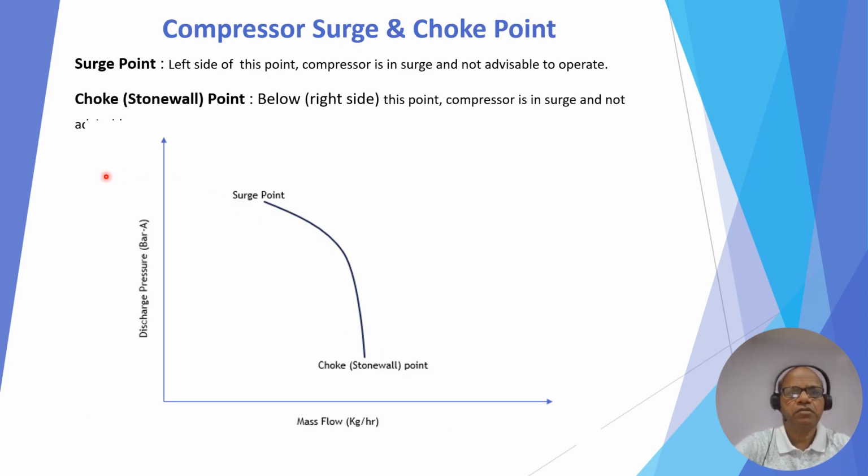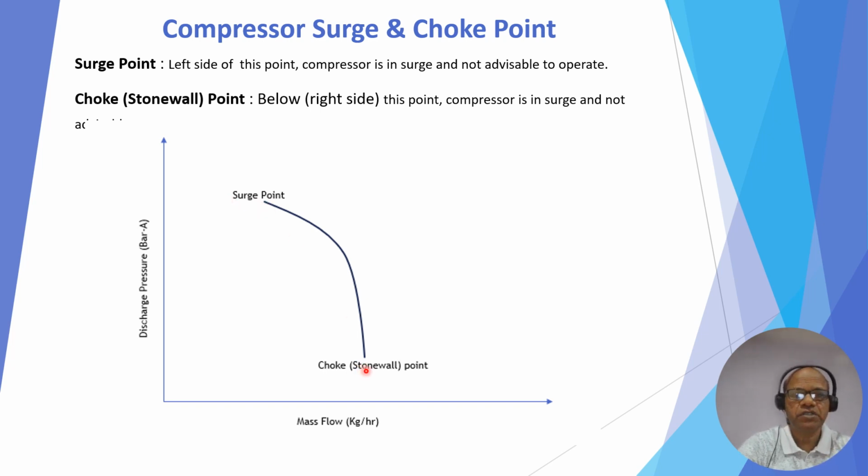Now, there are two important points for the compressor: surge and choke. This is the point of minimum flow and maximum pressure rise, called the surge point, and operating the machine to the left side of this point is not advisable.